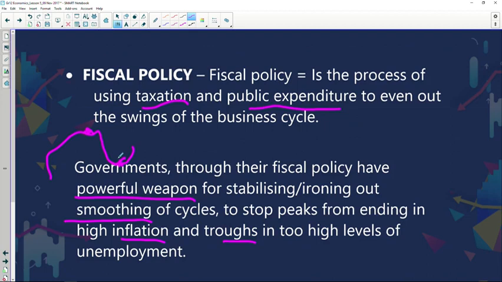The government will do this in order to avoid high inflation and also to make sure that we don't have too high levels of unemployment. That is why the government could use fiscal policy to stabilize or iron out the cycles, in order to stop peaks from ending in high inflation and the troughs in too high levels of unemployment.